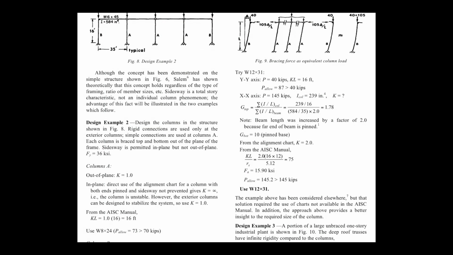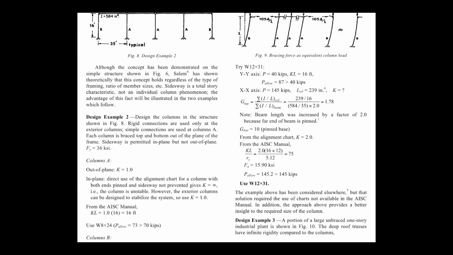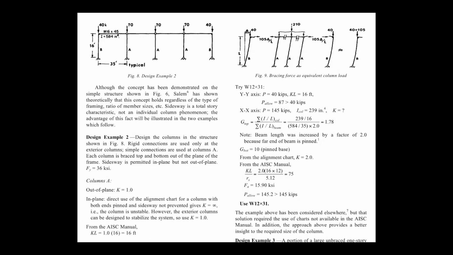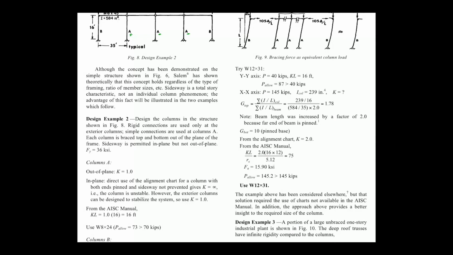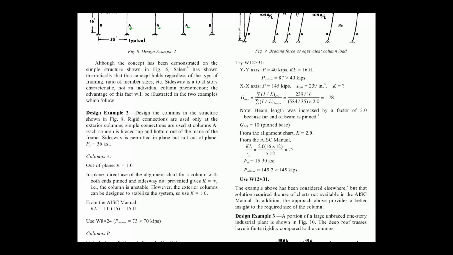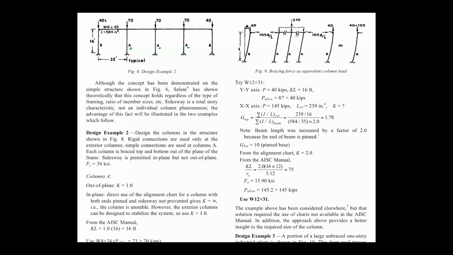That's it. So column A, we have column A like this. Out of plane K equals 1.0. In plane, direct use of the alignment chart for the column gives K equals infinity.